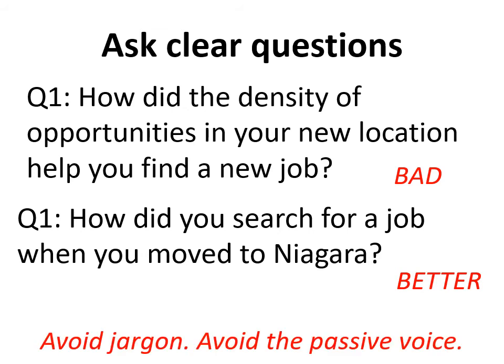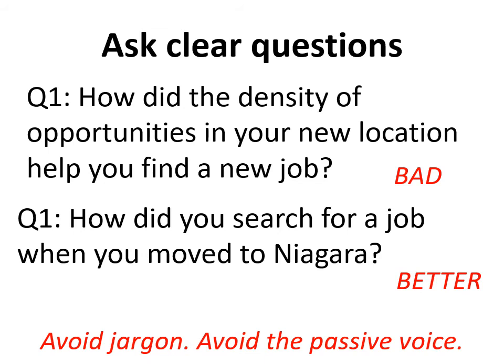So the bigger point here is, first of all, we want to avoid jargon. So density of opportunities, that is a convoluted way of saying, I guess, the characteristics of the job market. So was it a good job market? Was it easy to find a job, or was it hard to find a job?